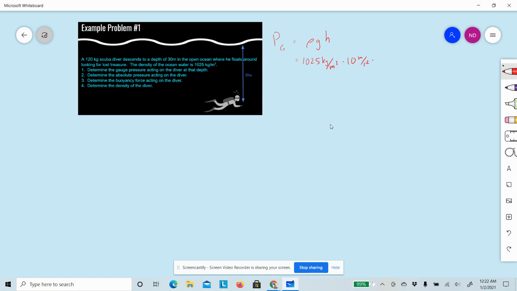How much height of water is above him? 30 meters. Multiplying all of that together, we find the gauge pressure is 307,500 pascals.